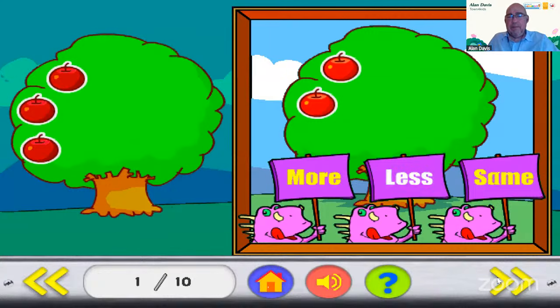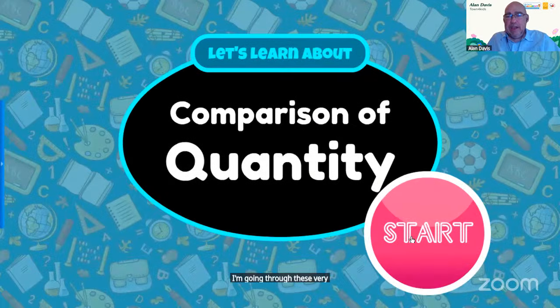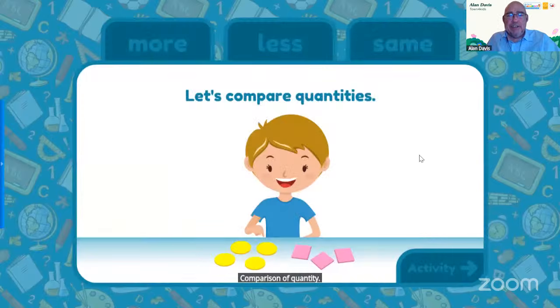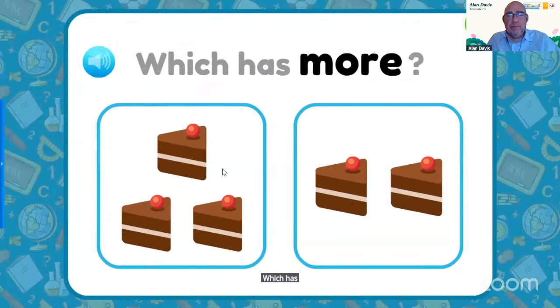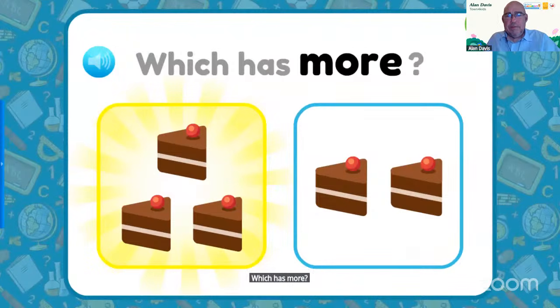Very good. I'm going through these comparisons of quantity very quickly because I really want to get to the activity. Let's compare quantities. Which has more? Okay. Very good.